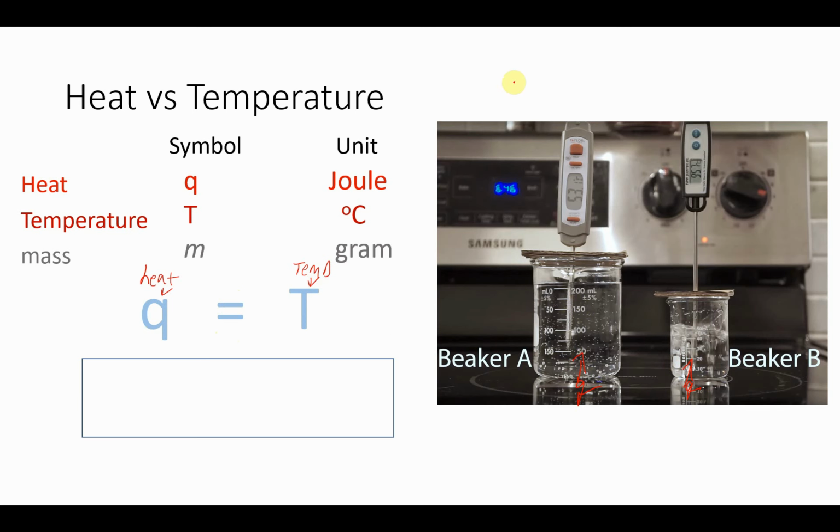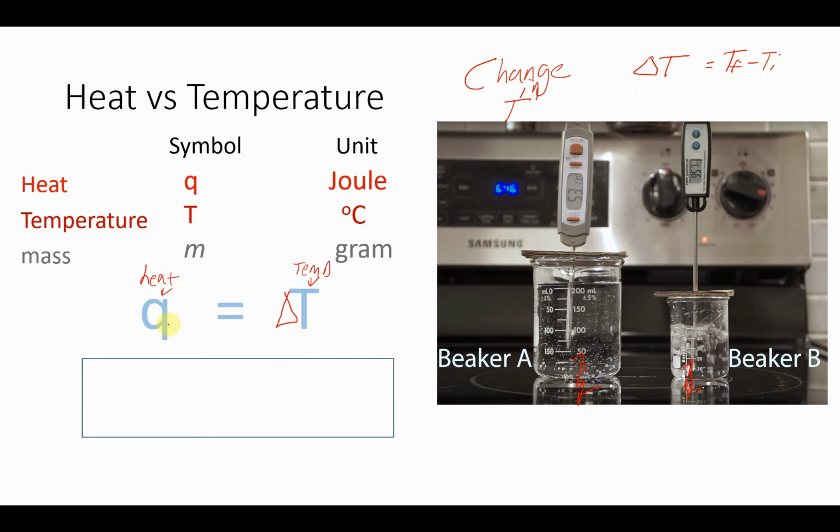Heat is related to change in temperature. And that's really important because we're going to use the symbol delta for change. So it's delta T, change in temperature. Like we might say the final temperature minus the initial temperature, well, that's the change in temperature. So in our formula, we're not going to have T, we're going to have delta T, which means change in temperature, like final minus initial.